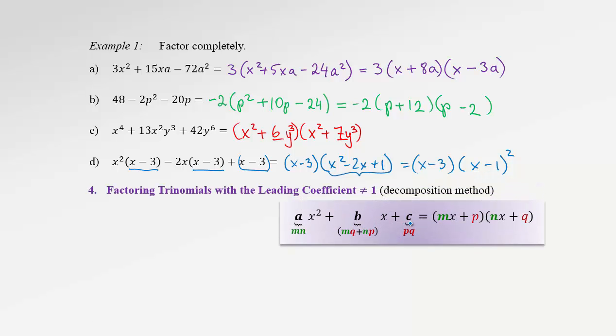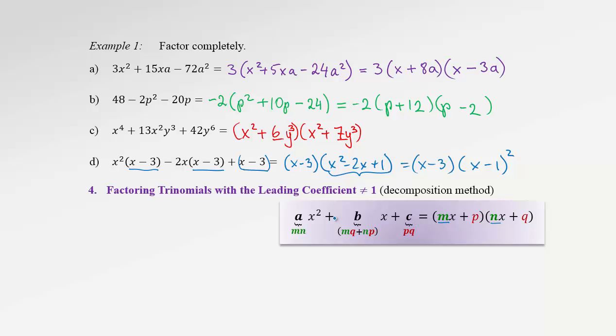The next type of quadratic trinomials that we need to be able to factor are the trinomials with a leading coefficient different than 1. Those are the hardest to factor just because there are so many possibilities. We're not only looking for numbers p and q, but also the coefficients by x. Let's call them m and n.